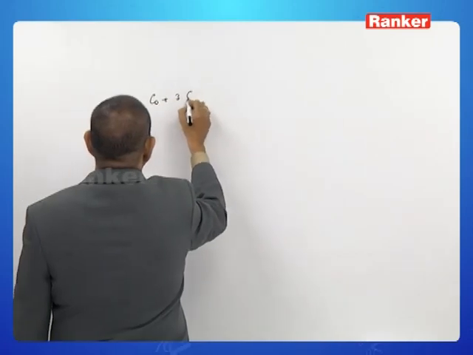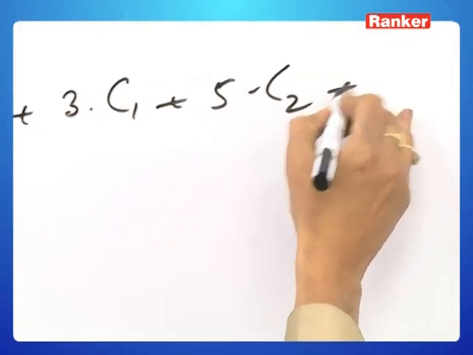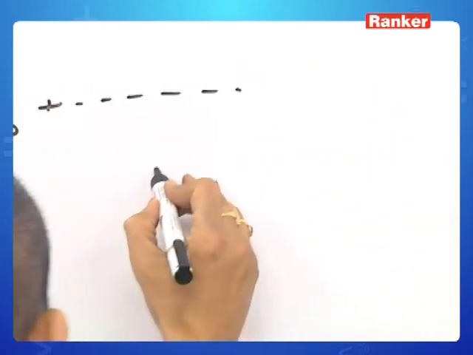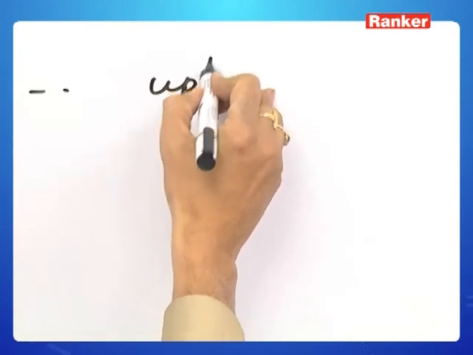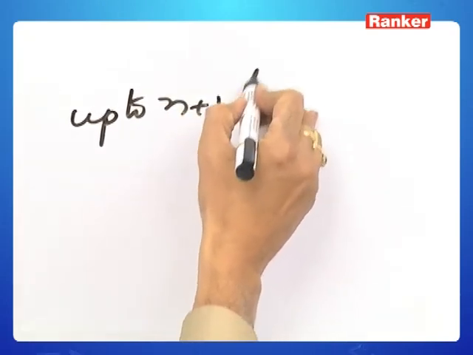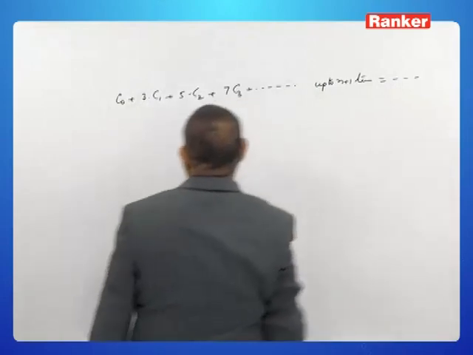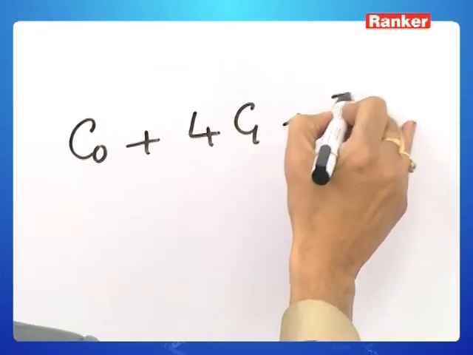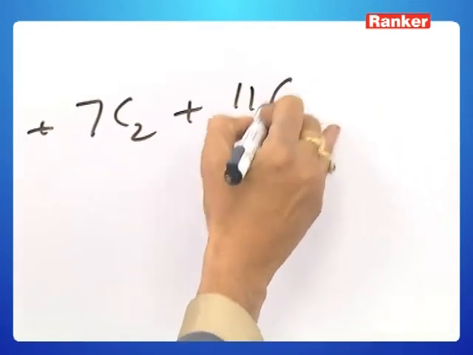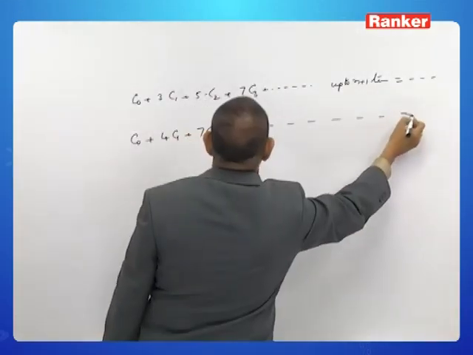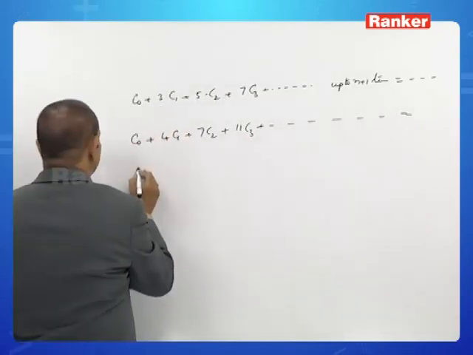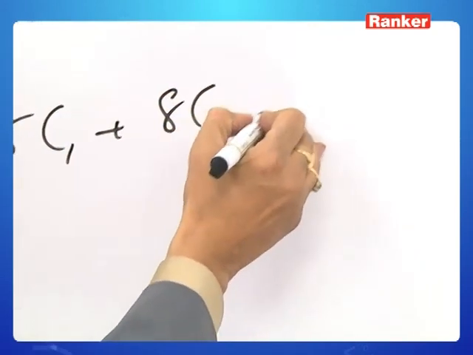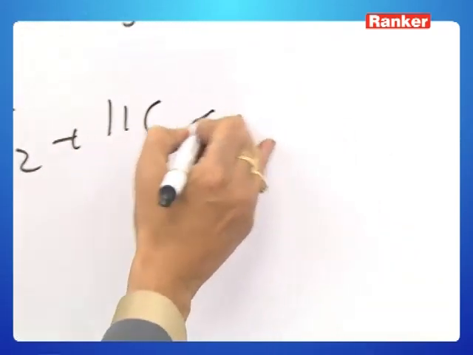C0 plus 3 into C1 plus 5 into C2 plus 7 into C3 and so on, n plus 1 terms, is equal to what?